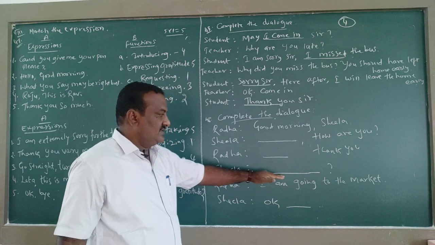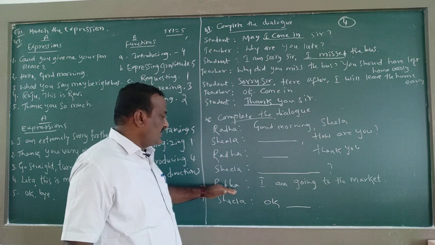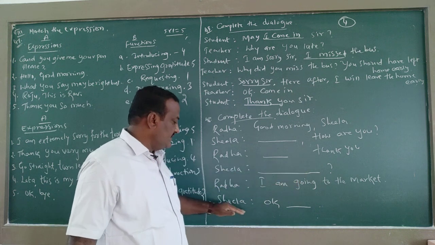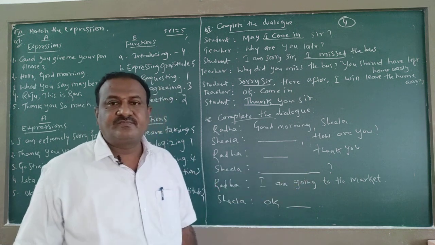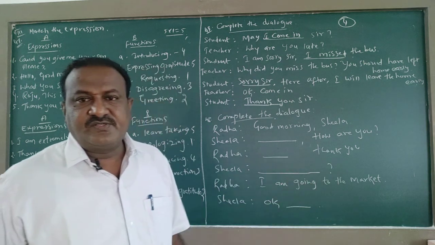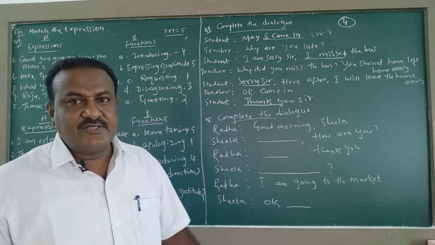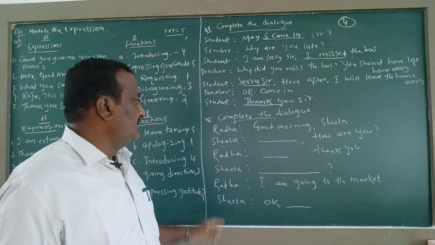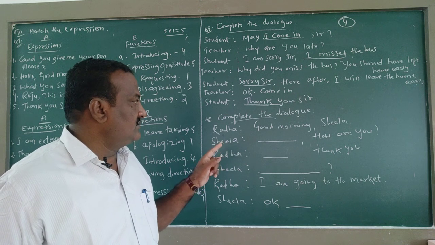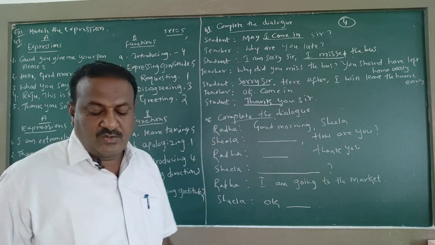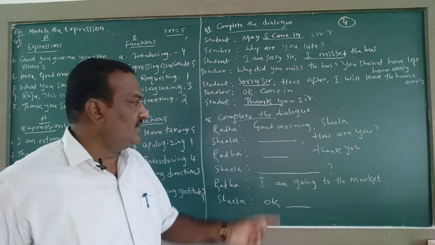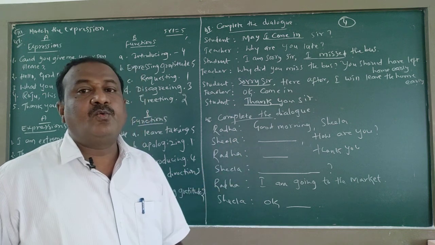Then Sheila: dash. Then Radha: I am going to the market. Sheila: Okay. See the conversation. According to the conversation, you have to write. See, good morning Sheila. Then Sheila, what will the response be? Good morning, how are you?